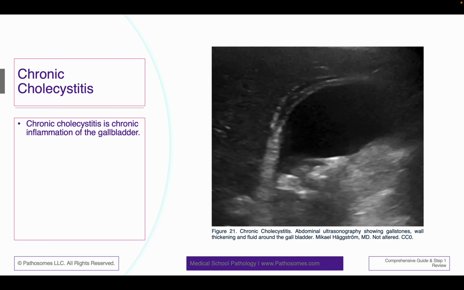Now let's talk a bit about chronic cholecystitis, okay? Chronic cholecystitis is chronic inflammation of the gallbladder. To the right here, we can see an abdominal ultrasound showing gallstones and wall thickening and fluid around the gallbladder.